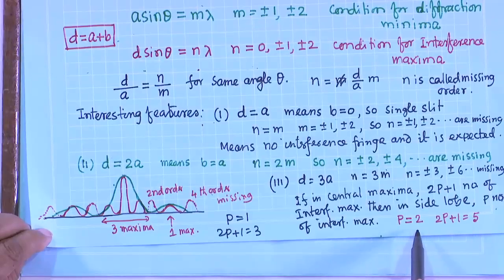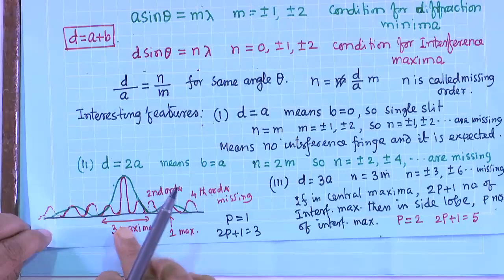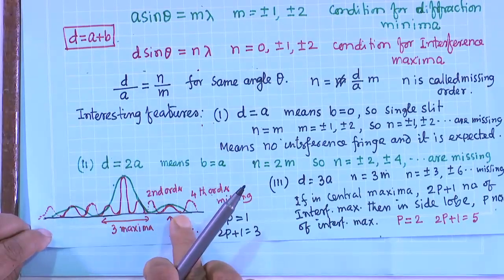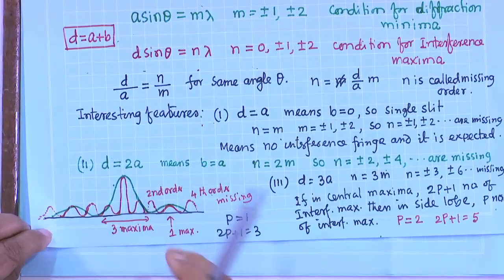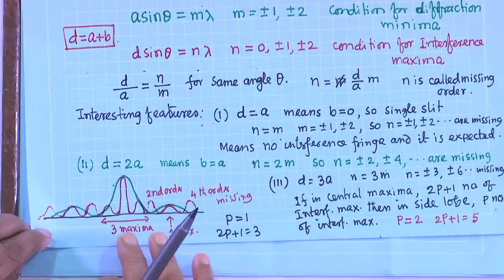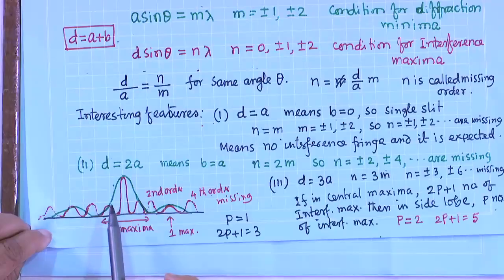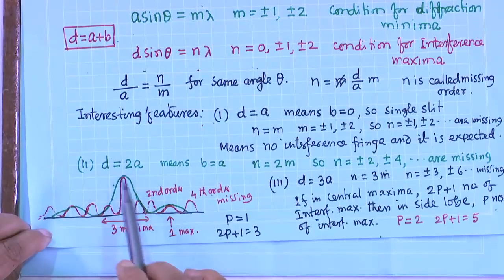That means if you find the interference maxima in the central diffraction maxima and in the secondary maxima, how many are there? So, you can tell about the missing order, which orders are missing, and from there you can find out the d and a ratio.